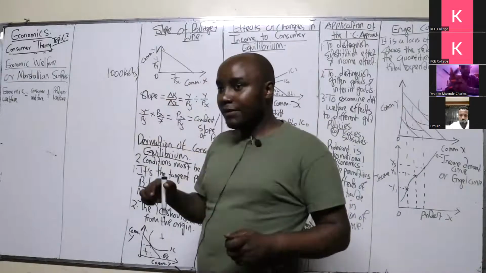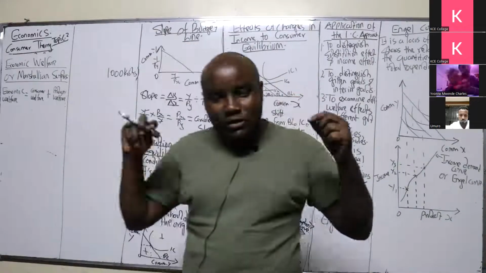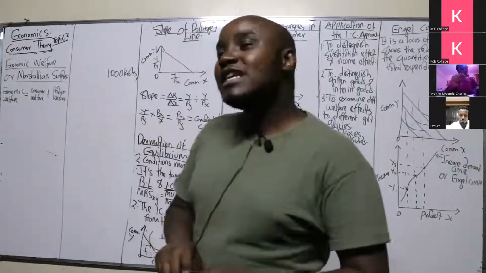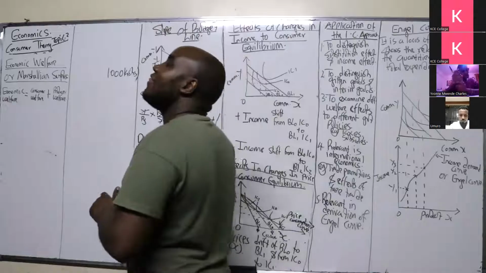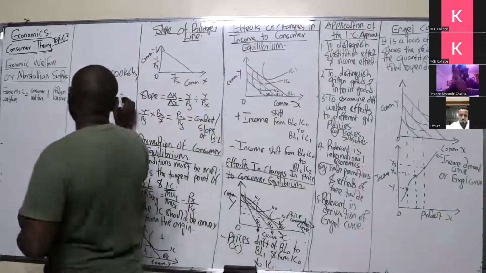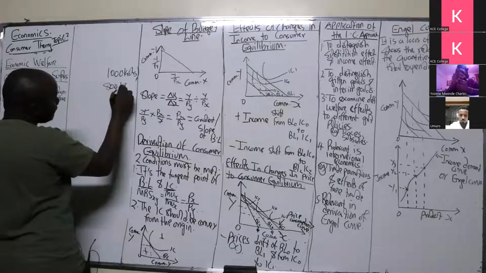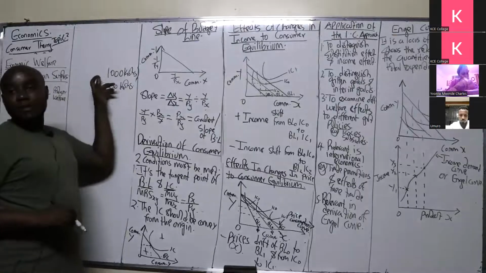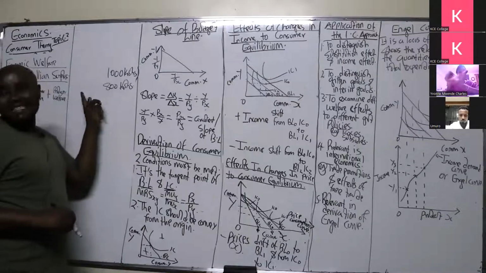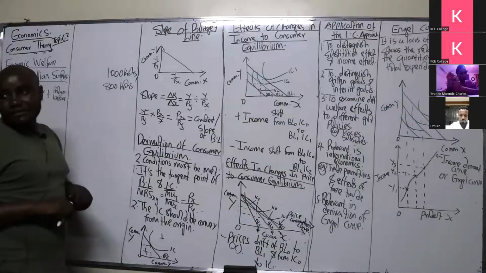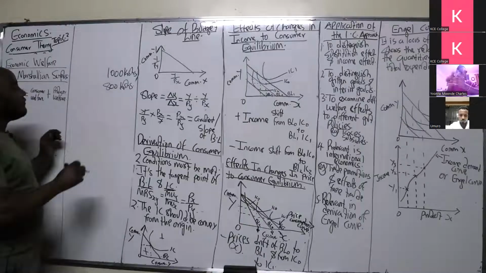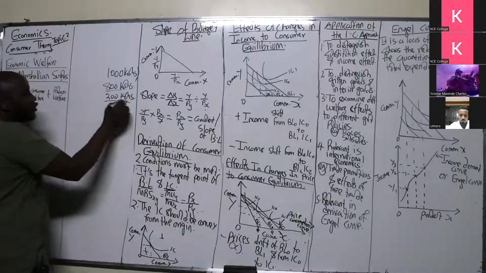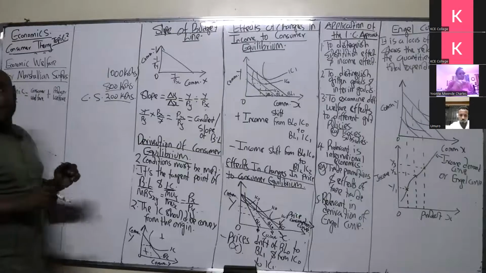Then, when you go to the market, you later realize that the current market price is just 800 Kenya shillings. Meaning that you are prepared to spend 1,000, but you spent 800 Kenya shillings. Meaning that the difference, which is 200 shillings, is the consumer's surplus.